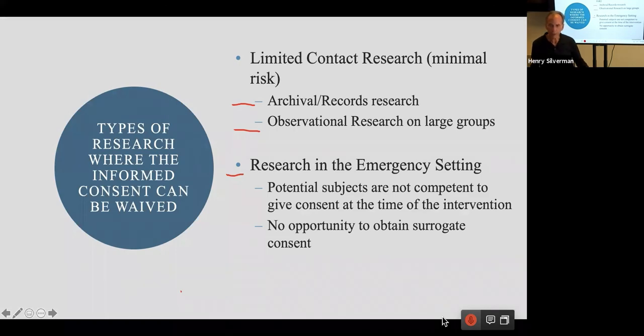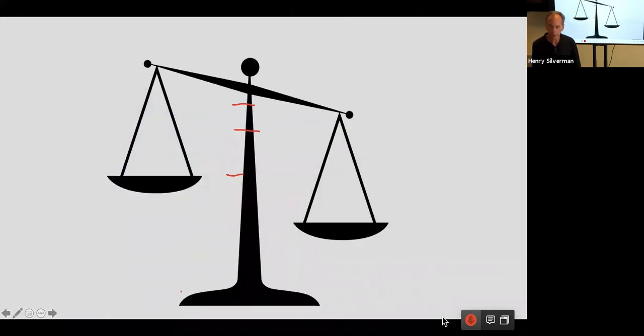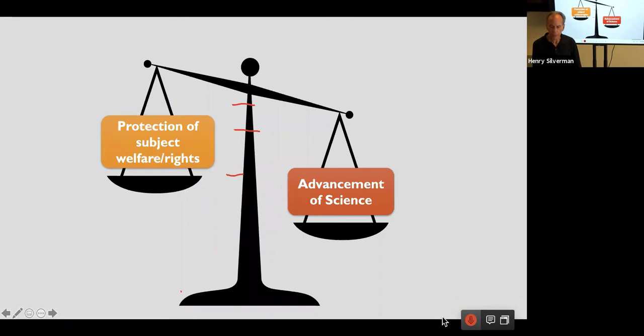So we need to develop some criteria because on one hand, we do want to advance science. On the other hand, we still want to protect subject welfare and their rights.